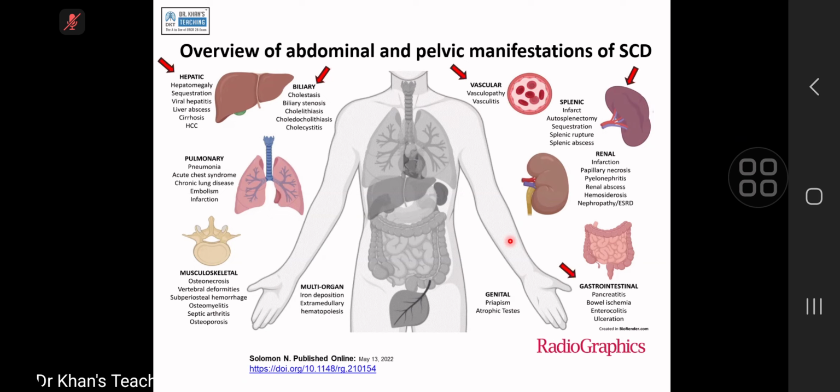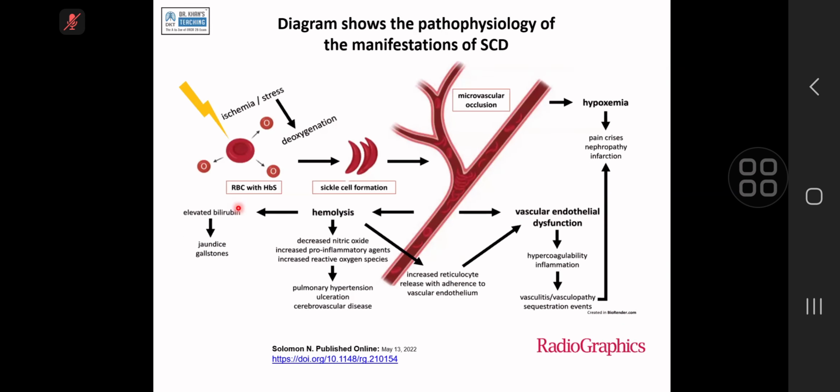If you see here, just concentrate on pulmonary: pneumonia, acute chest syndrome, chronic lung disease, embolism, infarction. Basically, ischemia is happening.